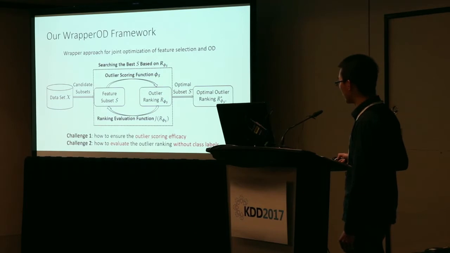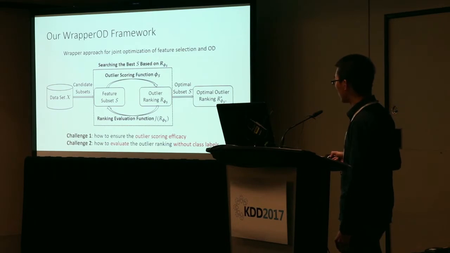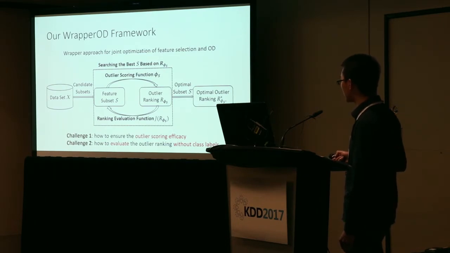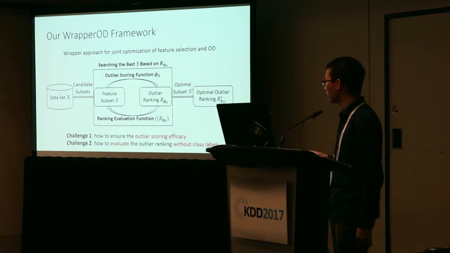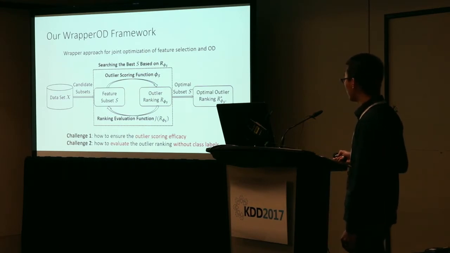After the ranking, we have a ranking evaluation function to evaluate the quality of the outlier ranking, and to output another feature subset, iterating until we find the best feature subset. Because for a specific feature subset we only have one outlier ranking, if we obtain the best feature subset, we also obtain the best outlier ranking.